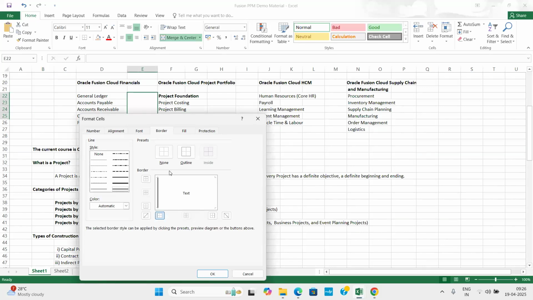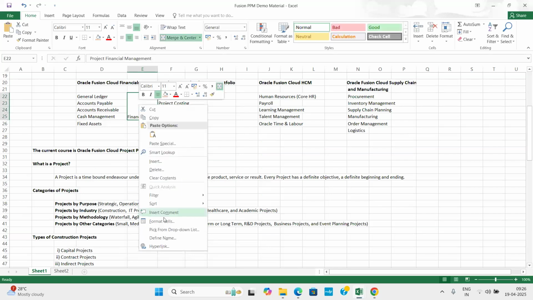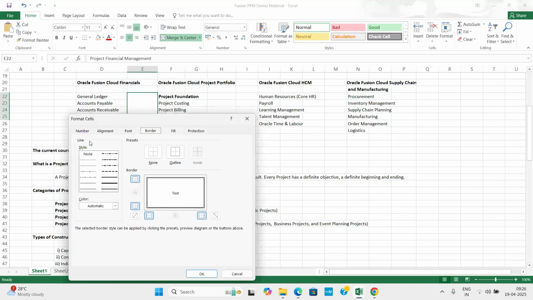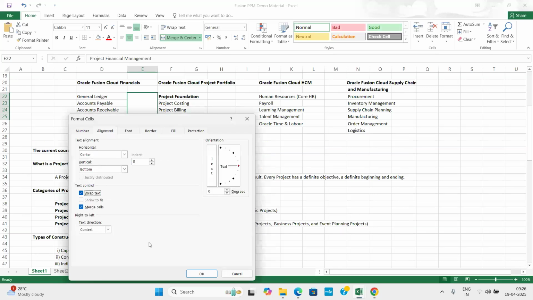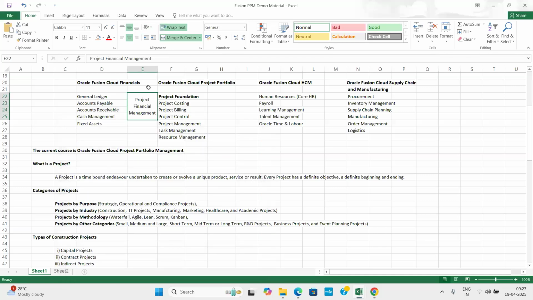Both are coming under the offering called Project Portfolio Management, and we have separate areas here: project financial management and project execution management. These three will come under project execution management.